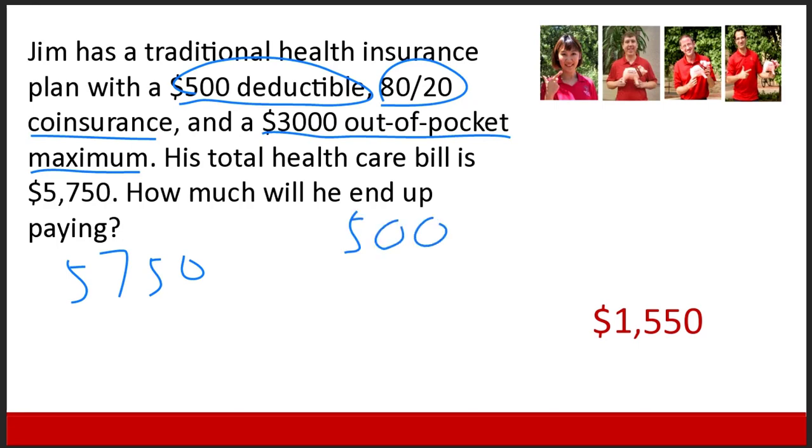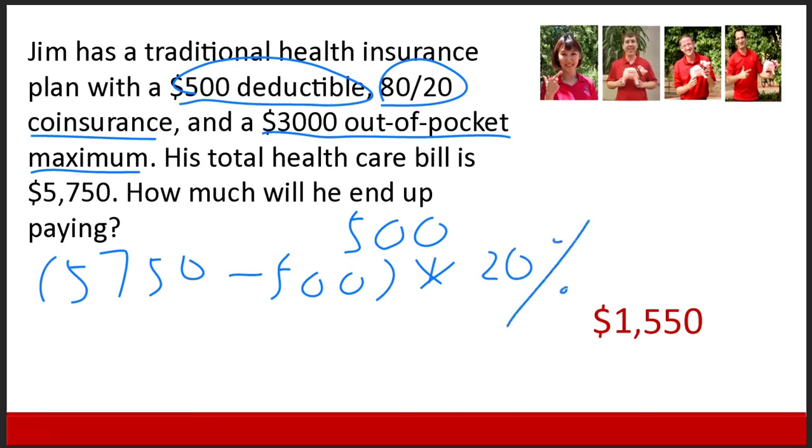And then we'll go to the co-insurance part, which is 5,750 minus 500, and this amount multiplied by the 20%. So that is 1,050.